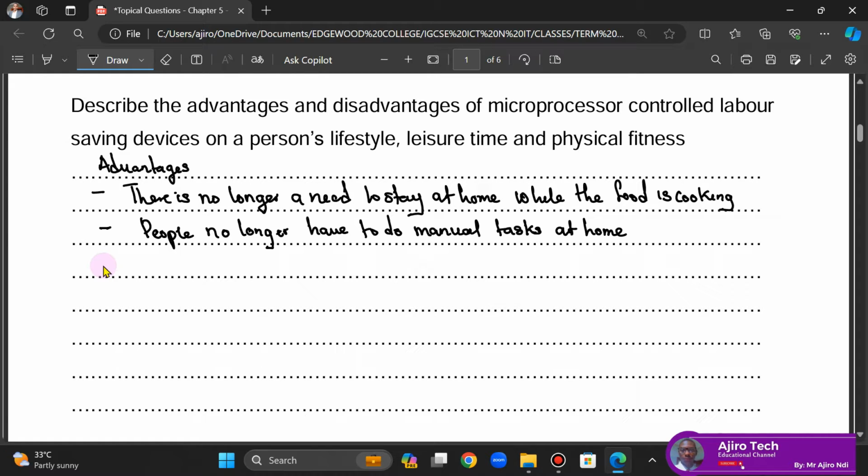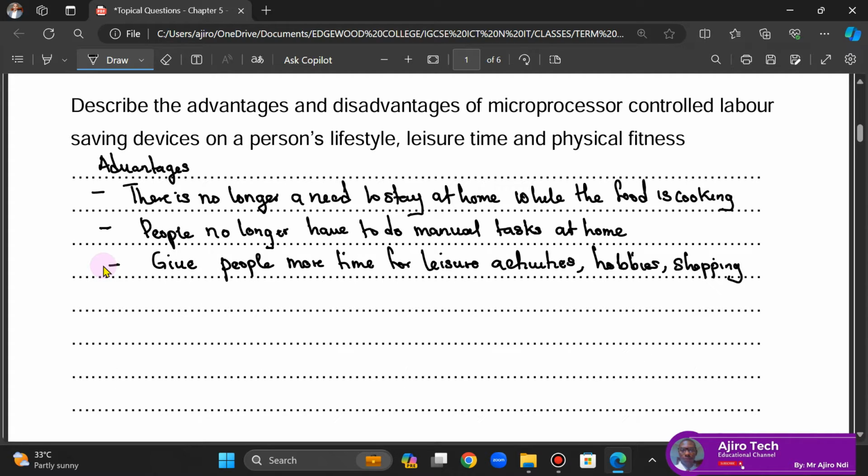In return, this gives people more time for leisure activities, or hobbies, shopping if you must, etc., socializing as much as possible.